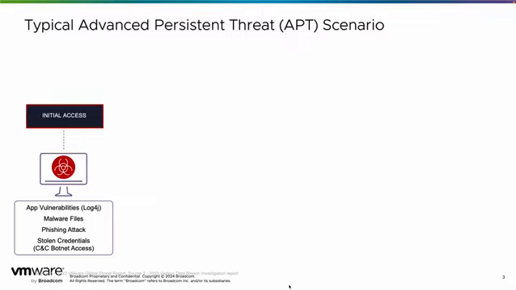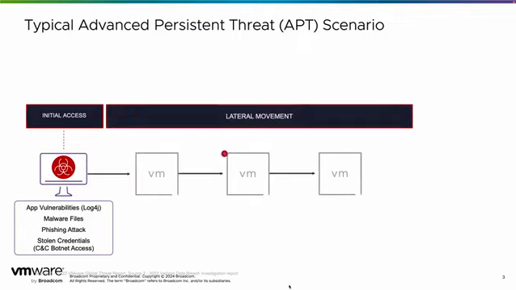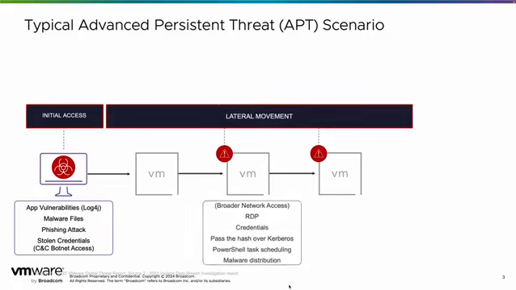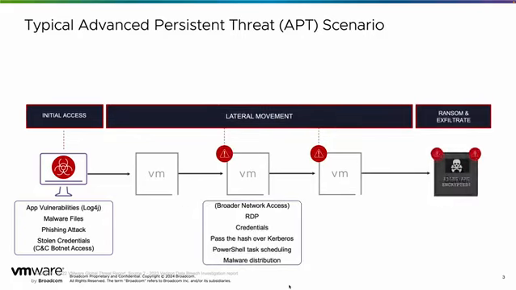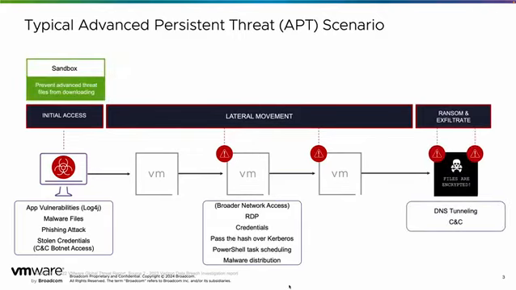From initial access, which may include things like app vulnerabilities, malicious files, phishing, stolen credentials, all the way through to lateral movement through the infrastructure, getting to their ultimate goal of the interesting and valuable data within the organization. Now, it's these attacks that are difficult to put together and see from a holistic perspective, and each stage of the attack requires a slightly different security control.